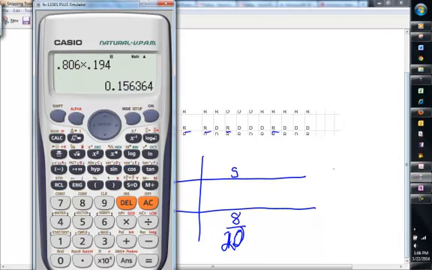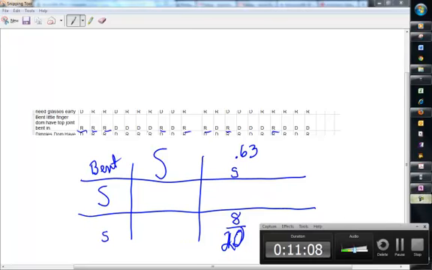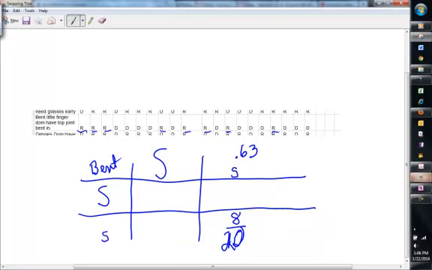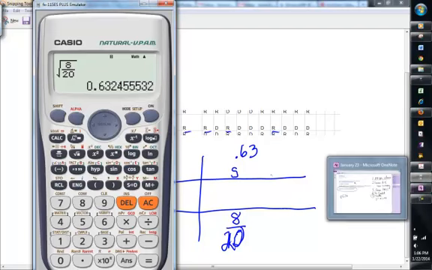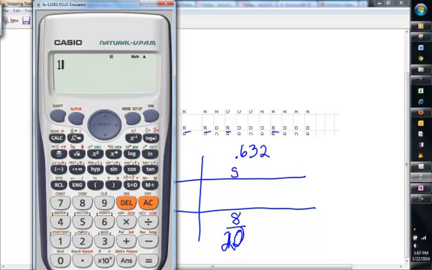So if we take the square root of 8 out of 20, which is 0.632. So if that's 0.632, 1 minus that is 0.368.